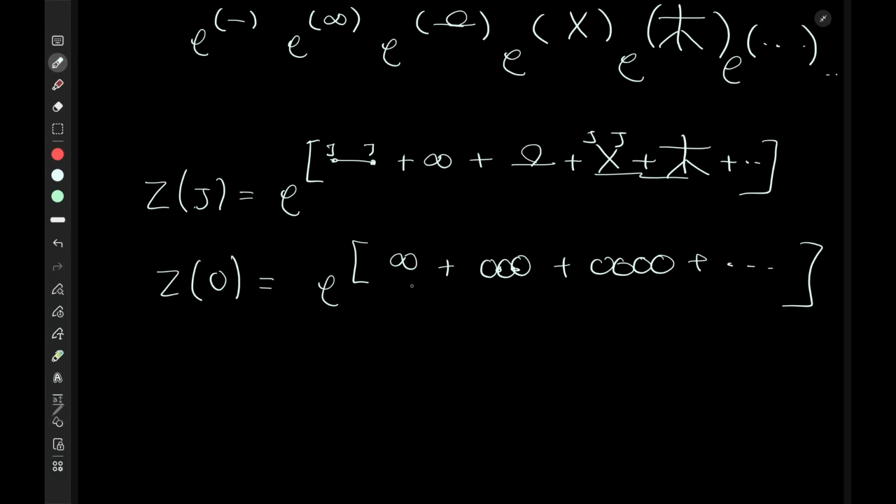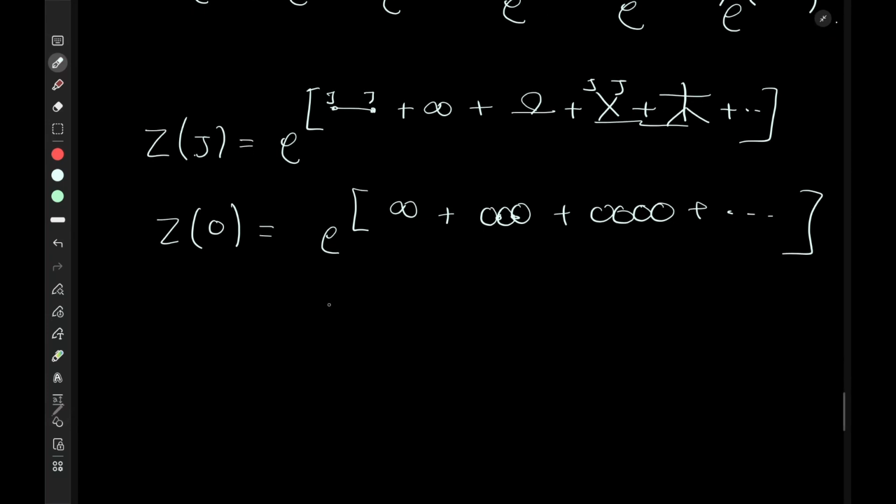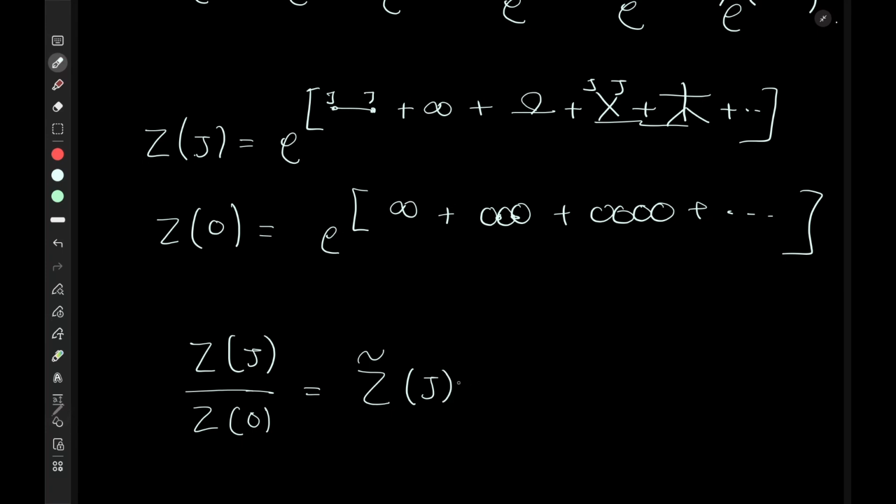So all these bubbles, the sum of these bubbles and exponentiating them, corresponds to z when j is 0. And we can divide the whole z with this z of 0 to renormalize this whole thing, so that we will just have an exponential of all the diagrams that do not have bubbles, or vacuumless.